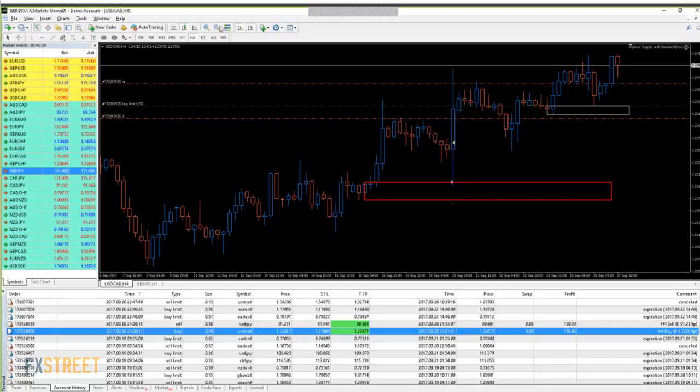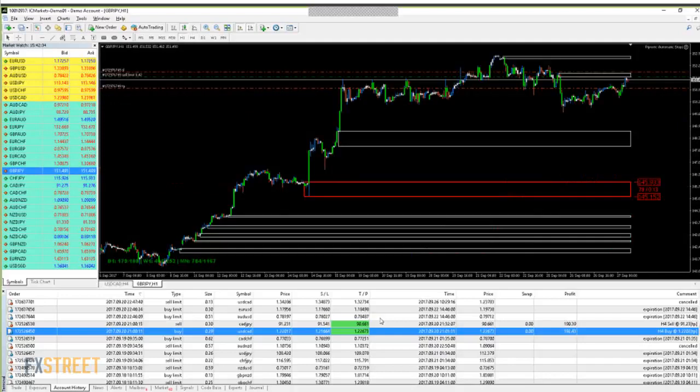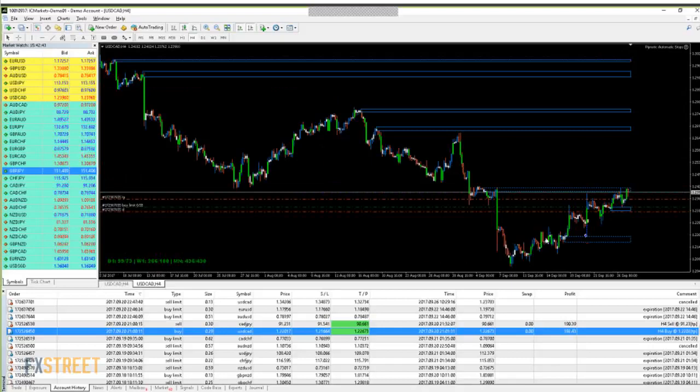And this is beautiful because price is moving higher. If you look at the dollar CAD with discretionary tools, you can see that we have demand forming below price. That means that demand is strong, supply is weaker.